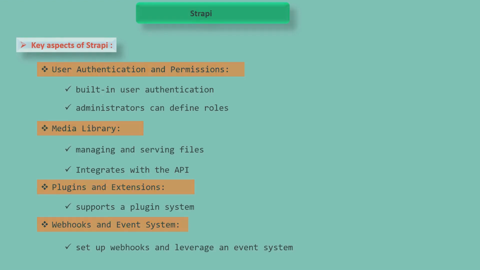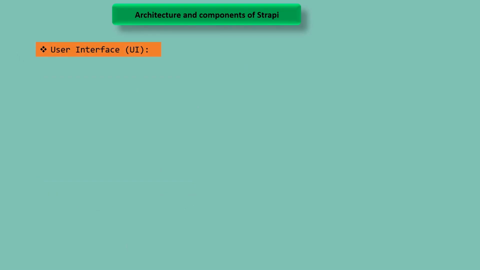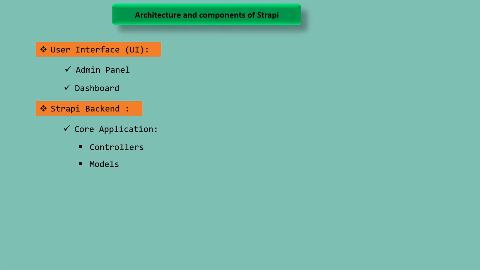Architecture and components of Strapi. User interface (UI). Admin panel, the graphical interface where administrators, editors, and contributors manage content. Dashboard, provides an overview of site statistics, content, and system health. Strapi backend. Core application. Controllers, handle incoming requests, define business logic.